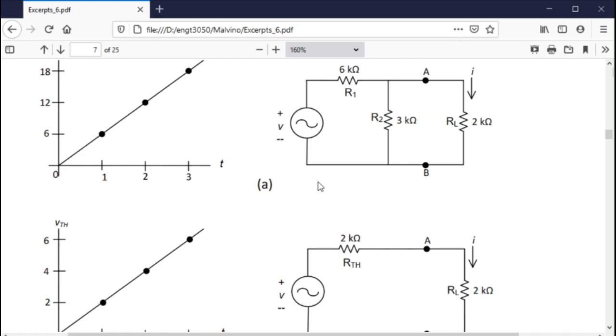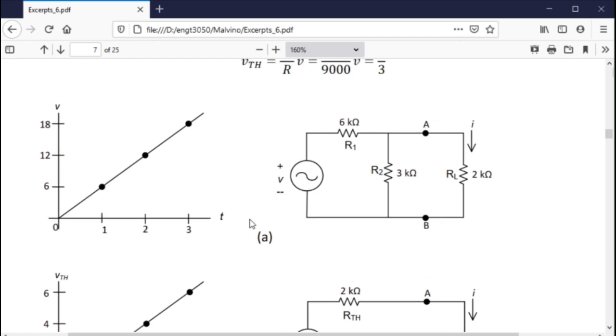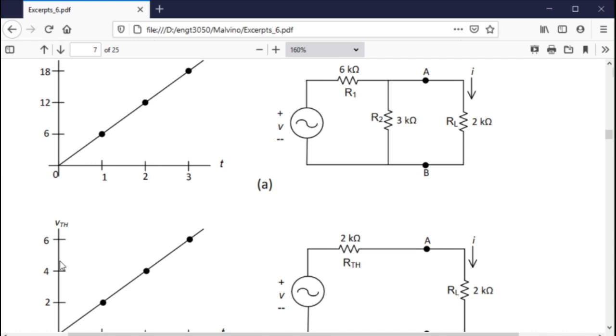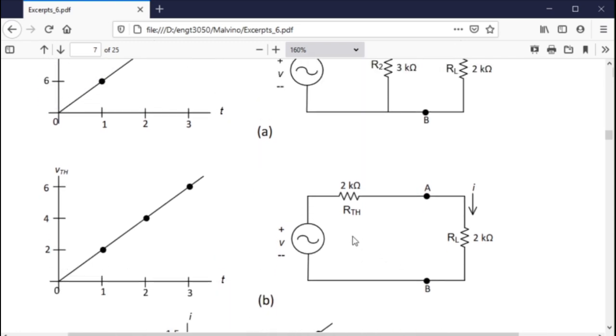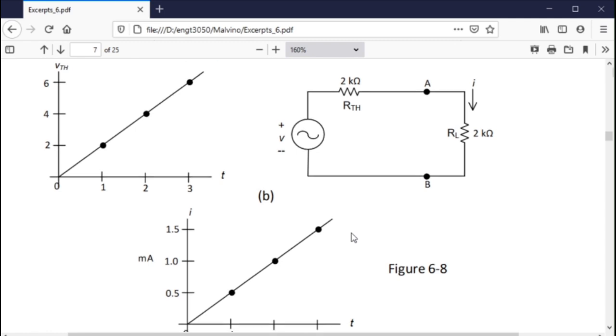So basically what you have to do is redraw the supply with the V Thevenin supply and the new R Thevenin as well.